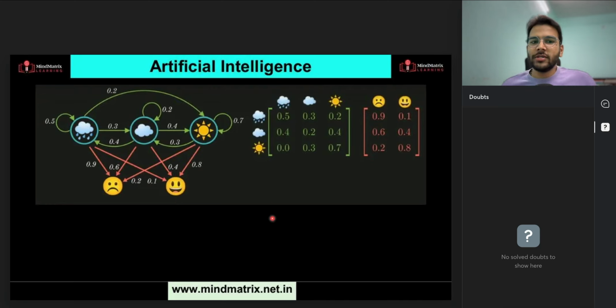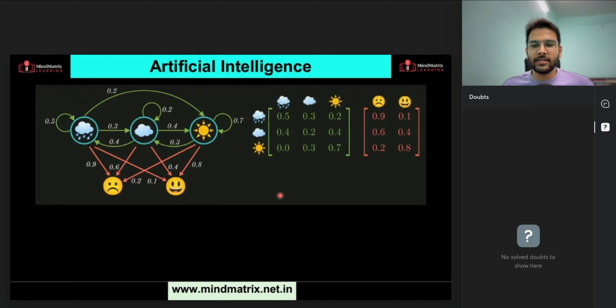So if I ask you a simple thing, can you tell me, based on the matrix, what is the probability that Tom is happy given that it is cloudy? It's 0.4, right?